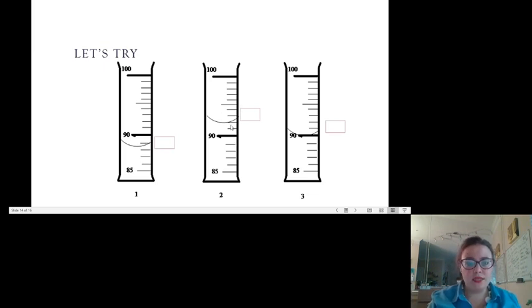On this one, same graduated cylinder, 91, 92, that's about where our meniscus falls, so this one would be 92 milliliters. We're going to assume that this is in milliliters. And this final one, we go all the way to the middle, and that falls right at 90 milliliters. So this would be 90 milliliters of water.